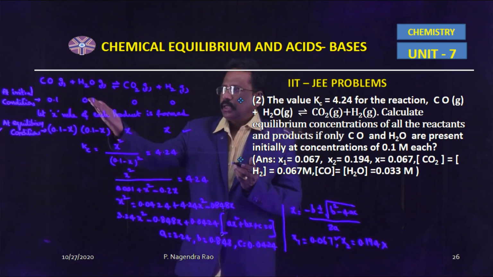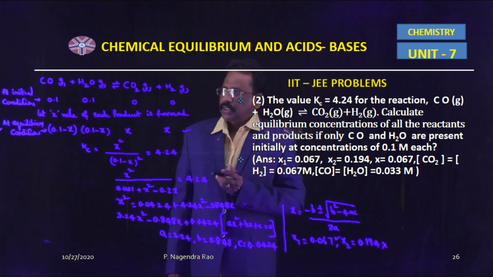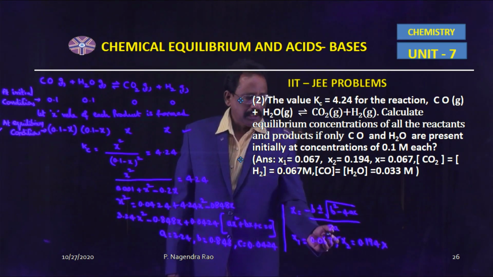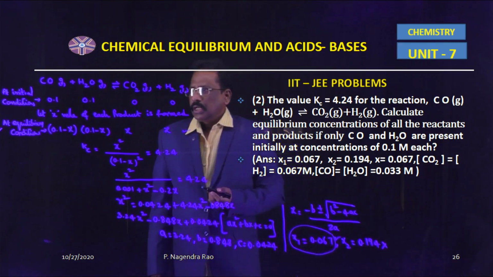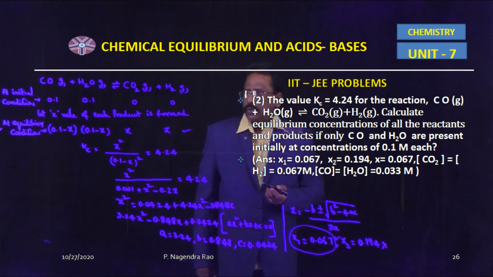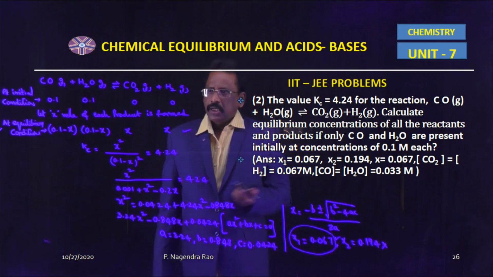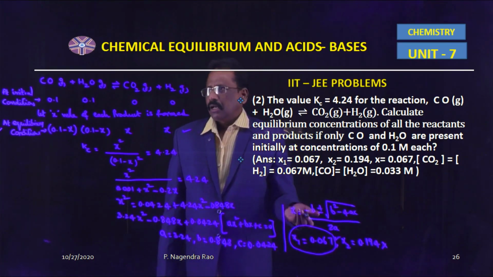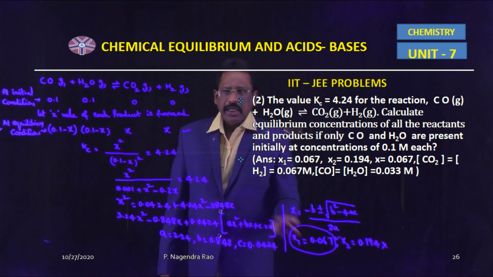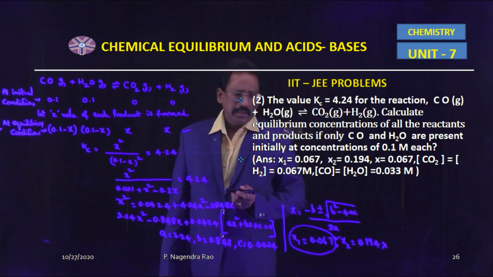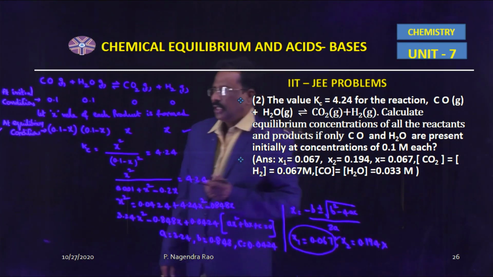It is more than the initial concentration of the CO and water vapor. That's why this much number of moles of CO2 and dihydrogen gas are formed in this reaction, because the value of x is equal to 0.067.